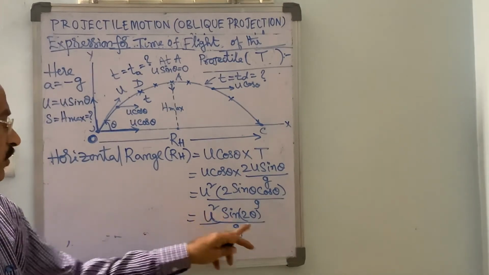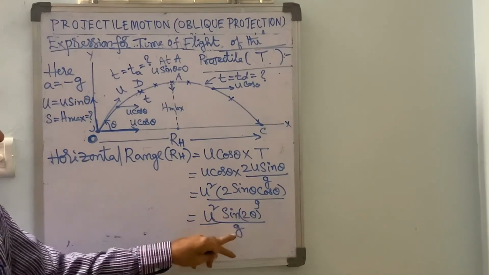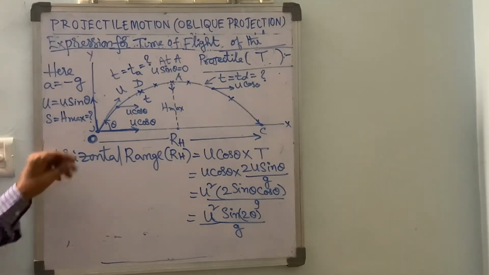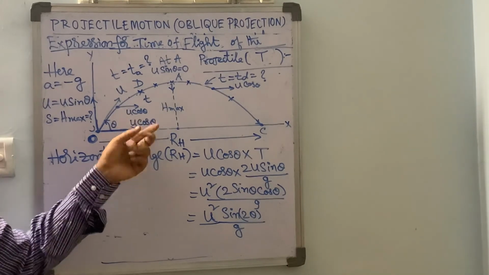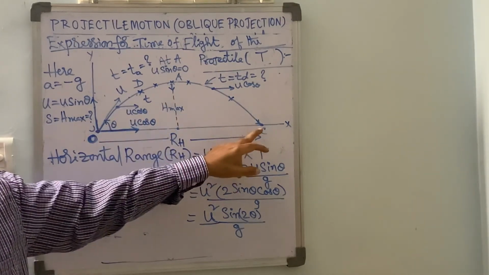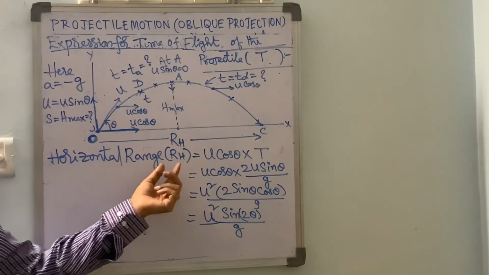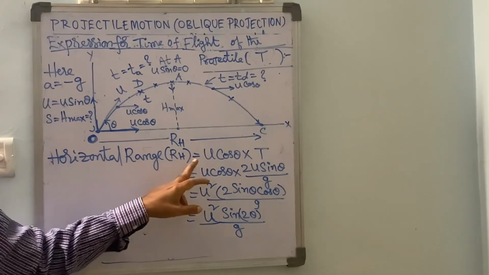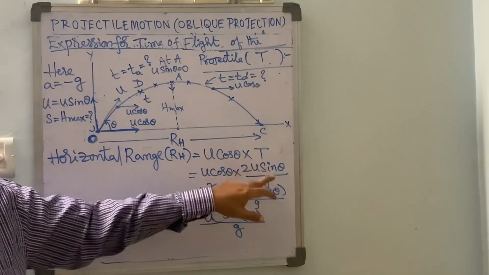If we know the values of u and theta, then we can calculate the horizontal range u square sin 2 theta by g. So when a body is projected with initial velocity u, its horizontal component of velocity is u cos theta, due to which the body moves in the forward direction, that is from O to C, and it touches the ground at C. So the horizontal distance O to C is equal to RH. Therefore the horizontal range traveled by the body is u cos theta into time of flight t. We derived the expression for time of flight as 2u sin theta by g.